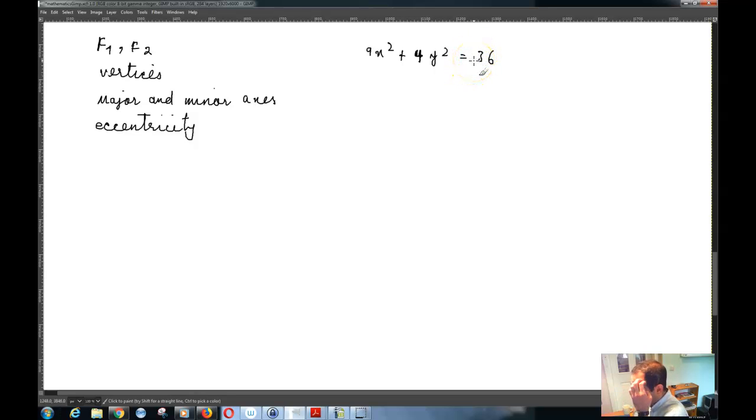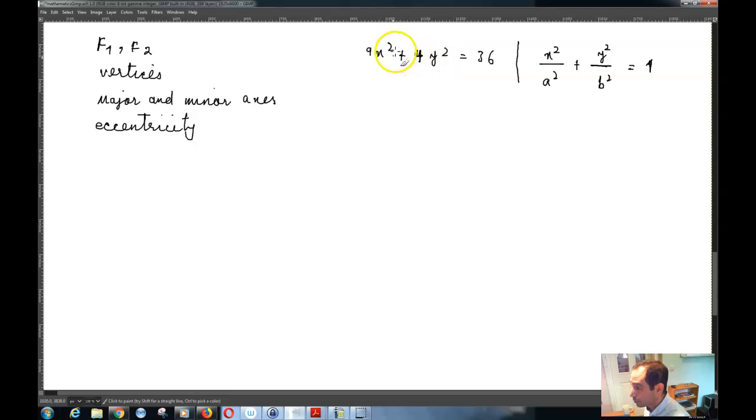So now what you need to do is basically write this in the form x squared by a squared plus y squared by b squared is equal to 1. Since I want to get a 1 over here, I divide by 36.